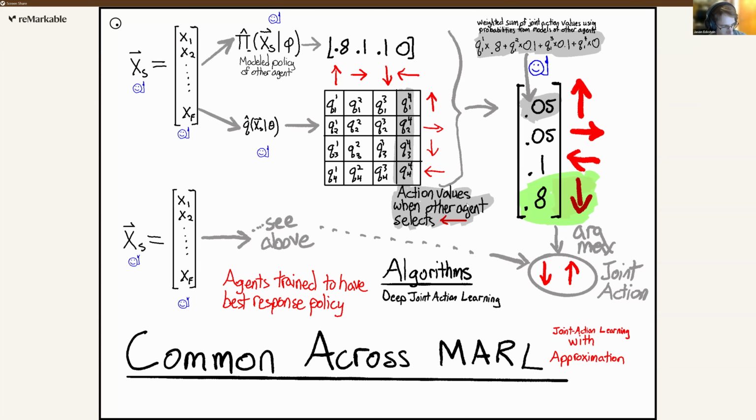And the way this algorithm is going to train agents, instead of just maximizing their return, because when we have joint action learning and we're accounting for the other agents' actions, this is called best response training, where at any moment, each agent is trying to train all of its functions so that it gets the best response action. And it's a response because it has a model of the other agent's behavior.